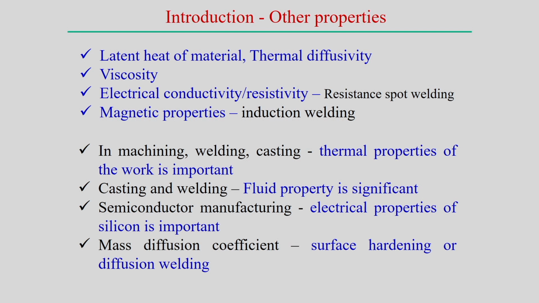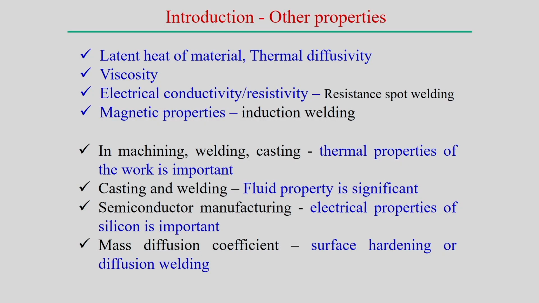Then electrical conductivity and resistivity may be useful when you look into the modeling approach for resistance spot welding processes, where we can relate the heat generated to the electrical resistivity. Similarly, magnetic properties may be significant if you try to analyze the induction welding process. So all these properties may be specific and significant to a particular welding process.